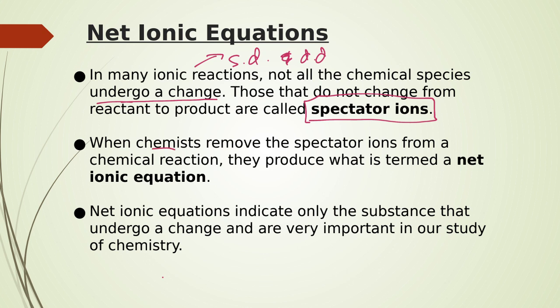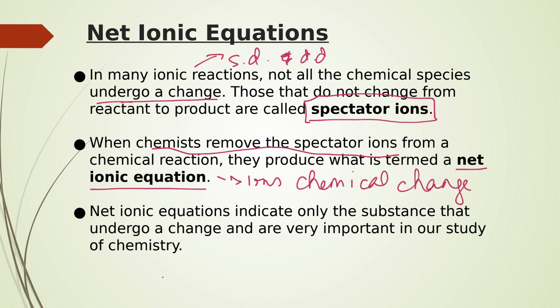So when chemists remove these spectator ions, and they will, because they say to themselves, we don't need them, they're not doing anything, so let's just get rid of them out of the overall chemical equation, then what we have remaining is a net ionic equation. That net ionic equation only involves the ions in a chemical change, the ions that are producing either a precipitate, so a solid, or a liquid, or a gas.